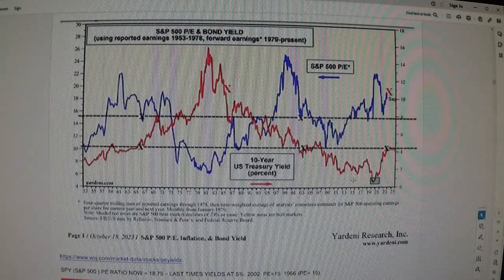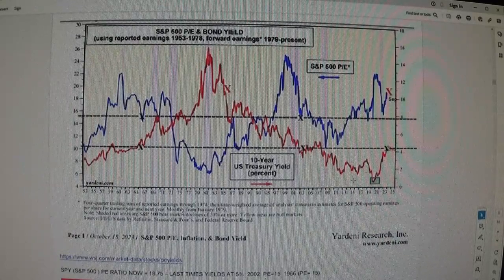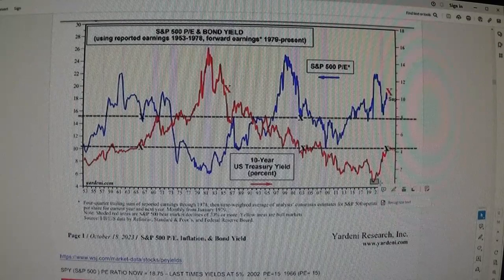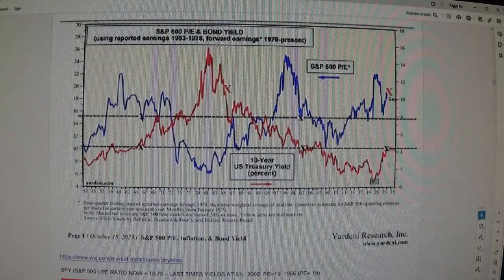Right, and there's something called forward projected earnings. I don't know what it's really called, but you're paying a certain premium for future earnings, and whenever interest rates are lower, you pay more for those future earnings. When interest rates are higher, you pay less for future earnings.